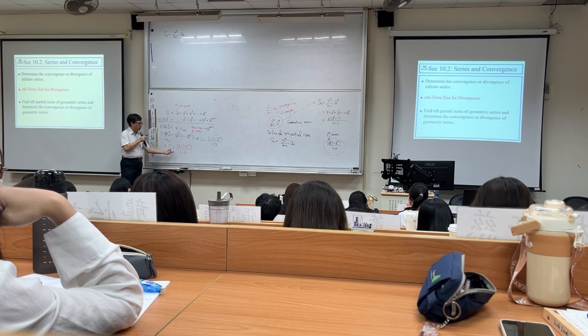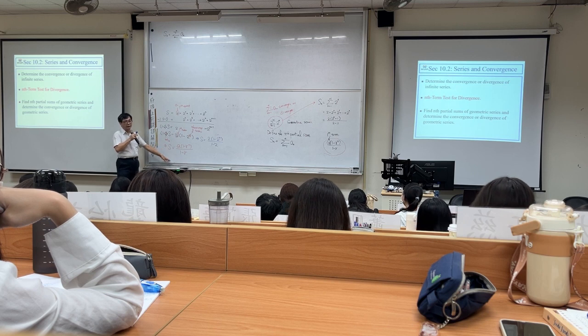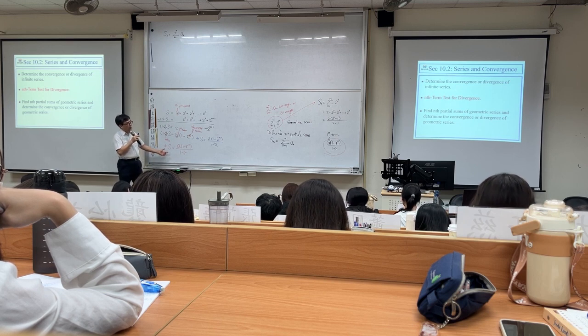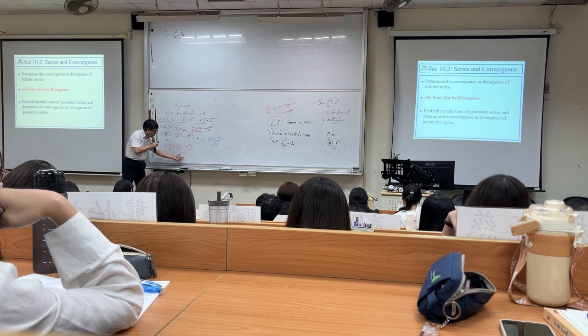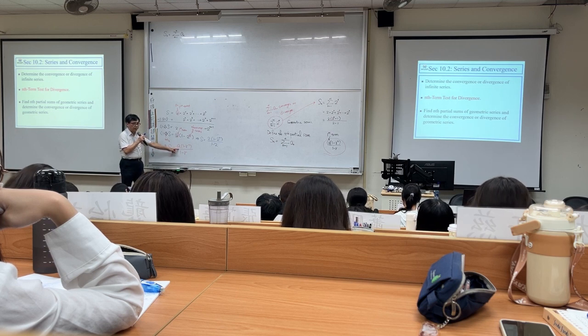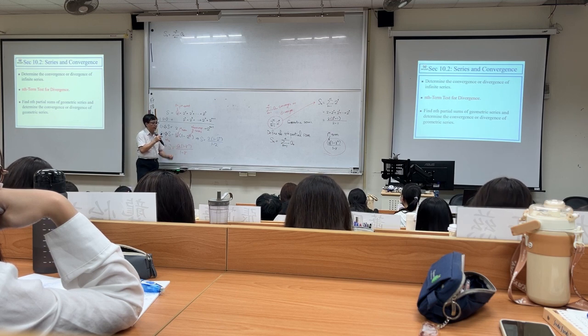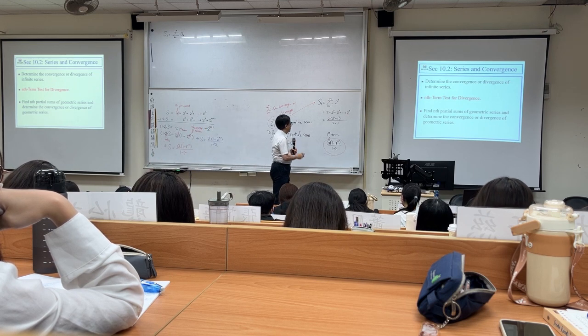So just compare that. If you forgot, you can always write the formula. The n-th partial sum for a geometric series will have 1 minus r as the denominator, and the first term multiplied by 1 minus r to the n power. n is because there are n terms.